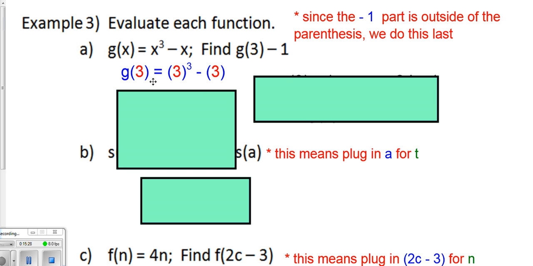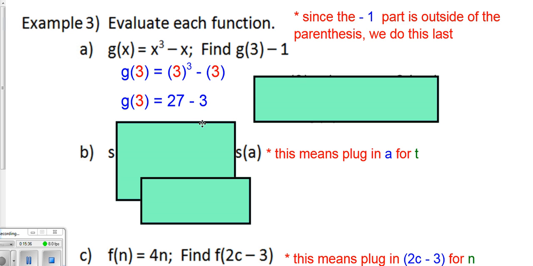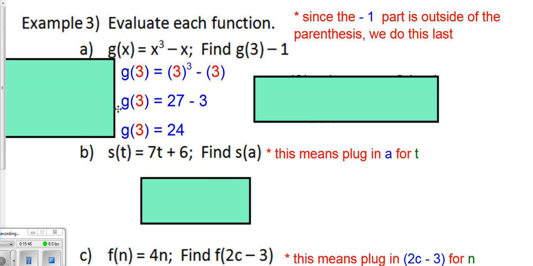So g of 3 means instead of x cubed, it's 3 cubed. Instead of minus x, it's minus 3. 3 cubed is 3 times 3 times 3, which is 27. So 27 minus 3 means that g of 3 equals 24.